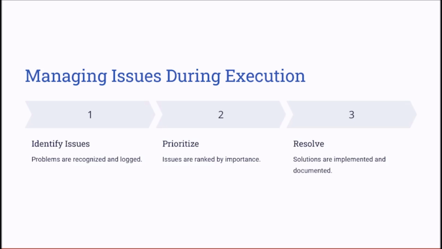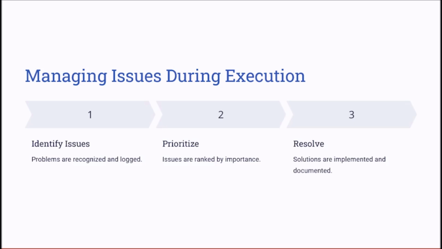Managing the issues during the execution. Issues are common in project execution, and you can also consider the issue log as one of the key outputs when directing and managing the project work. As I said, issues are common in project execution, but proactive management ensures that they don't derail the progress.